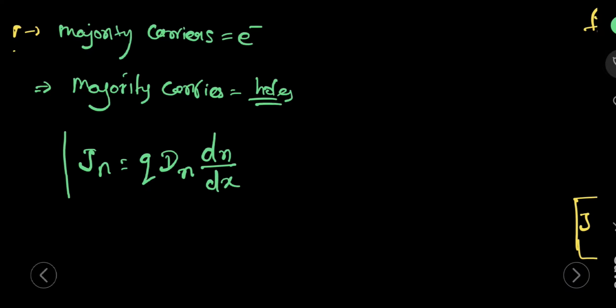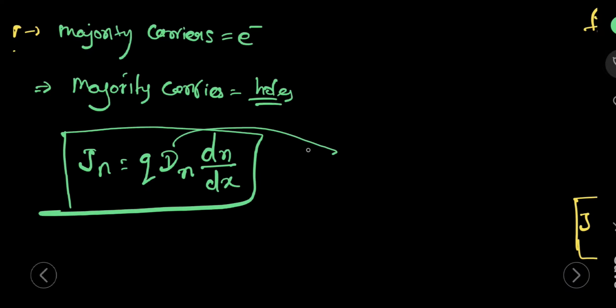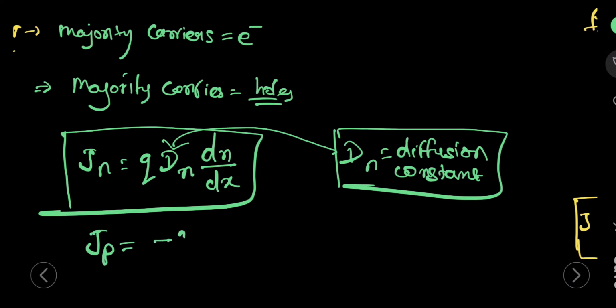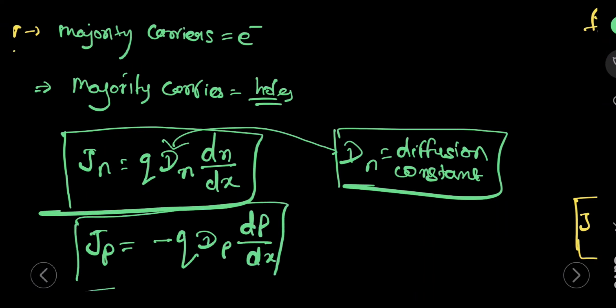This is the formula for current charge density for diffusion, with Dn equal to the diffusion constant. Dn is the diffusion constant here. Or in case of Jp, in case of holes, there will be a minus sign, dp by dx. Okay, these are the two formulas to remember.